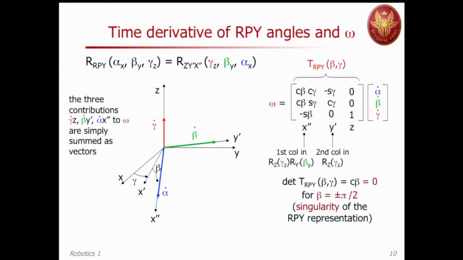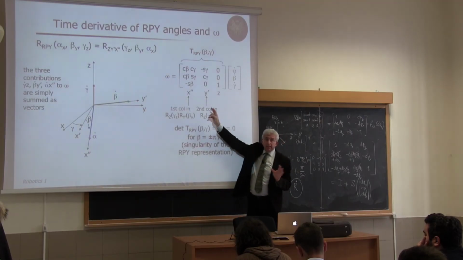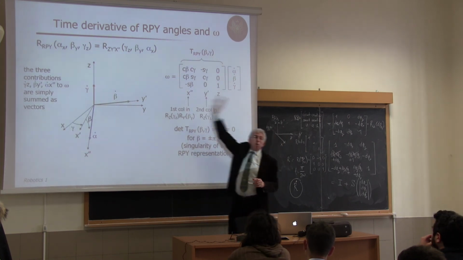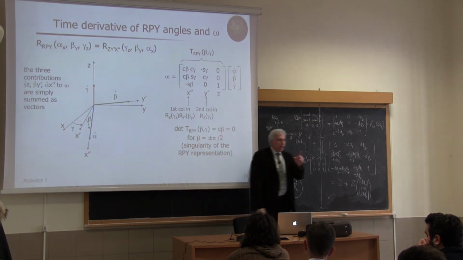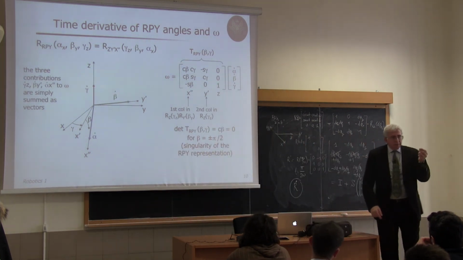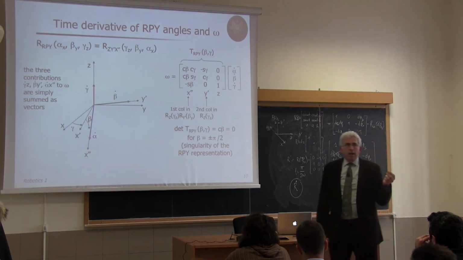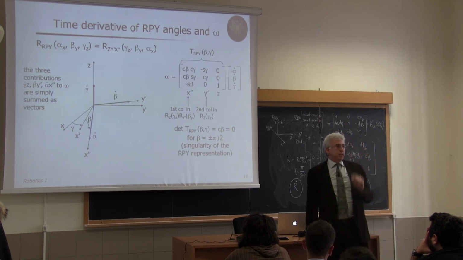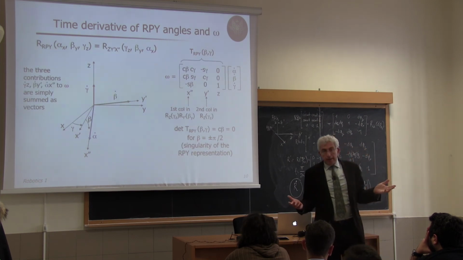It will always have some singularity. The determinant in this case is cosine of beta, which means that when beta is plus or minus pi over 2, this is singular. And then pay attention how you read this. Still, if you give alpha dot, beta dot, gamma dot, you can compute omega. But if I ask you a synthesis problem, give me the sequence of angular speeds that produces this omega, I may not find a solution in that case.